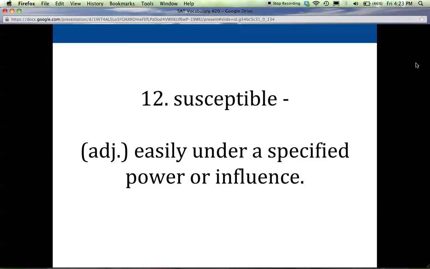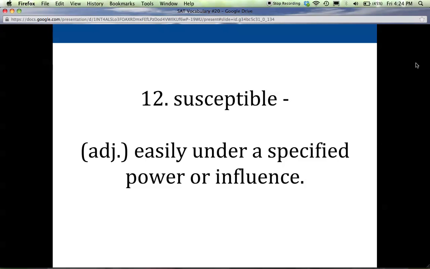12 is susceptible. It describes someone or something that is easily influenced, or they say easily under a specified power, which makes it sound almost mystical to me. If you're susceptible, you're kind of vulnerable to something.